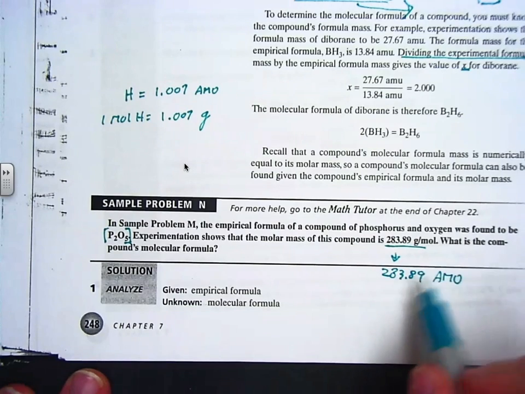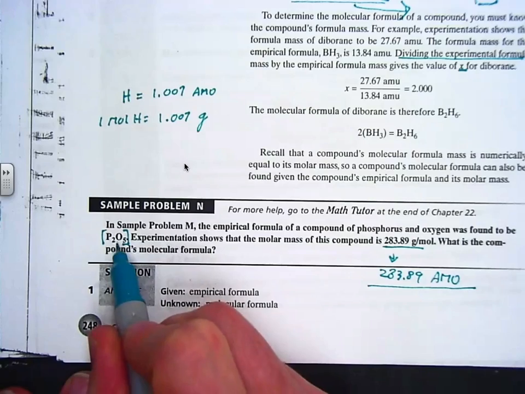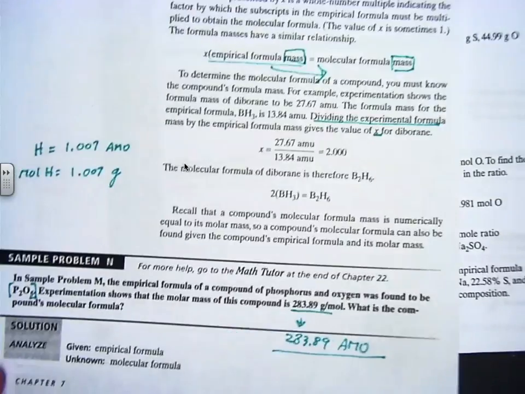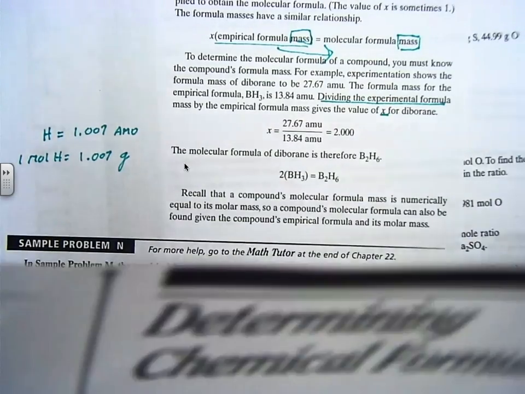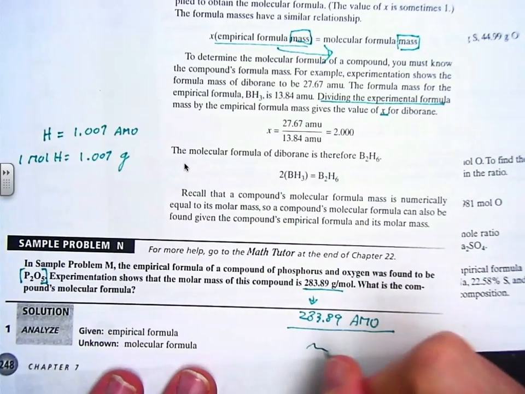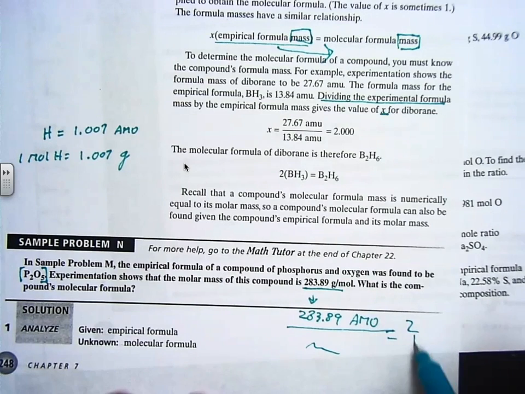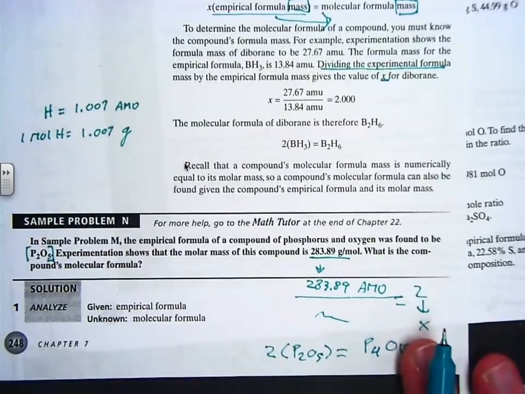And then we took that and divided it by the empirical formula mass, which happened to be 140 something or other, and we got a number 2. That was our x, and we multiplied 2 times P2O5, and that gave us P4O10.